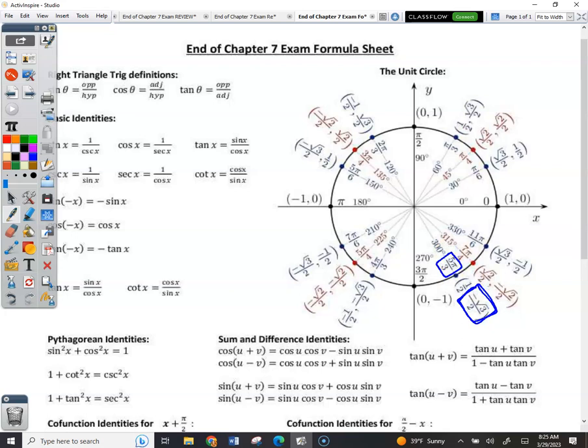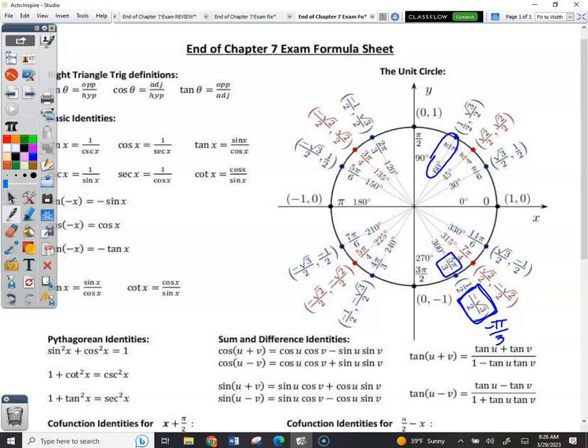But the answer has to be calibrated in negative radians. And the way you get that is multiple ways. One way, the way I do it, is I just look for the symmetry up here in quadrant 1. 5 pi over 3, which is 300, has a reference angle of 60. So I go up here to my reference angle of 60, and I just make this -pi over 3, and that's the answer.